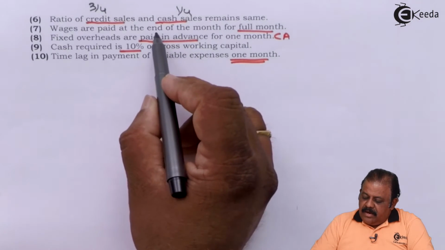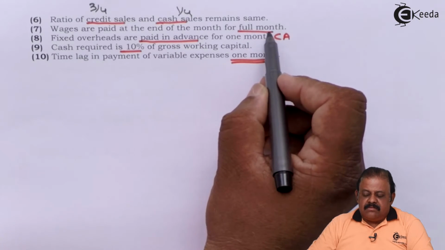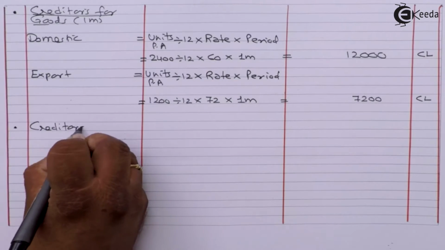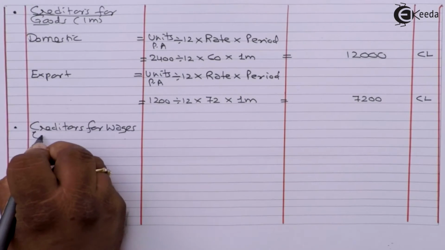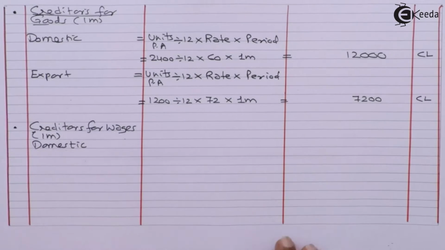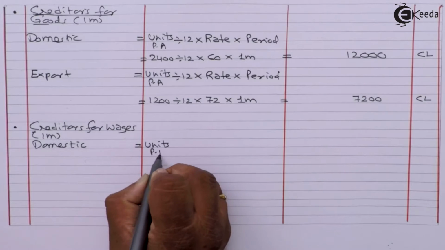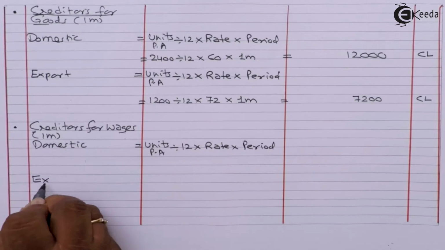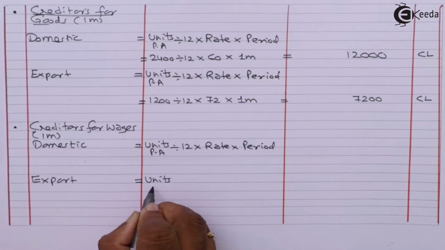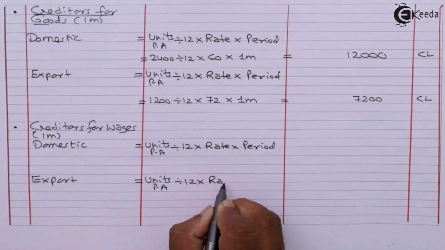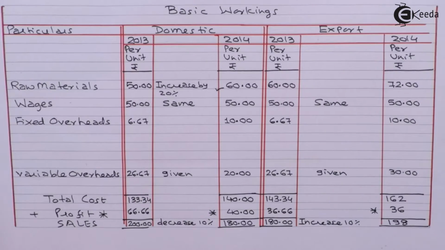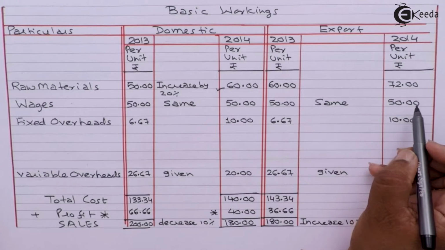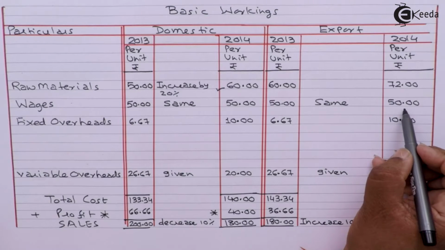Wages are paid at the end of the month for full month. This is information of current liability. Wages estimated 50 rupees, and in case of export market also it is 50 rupees.